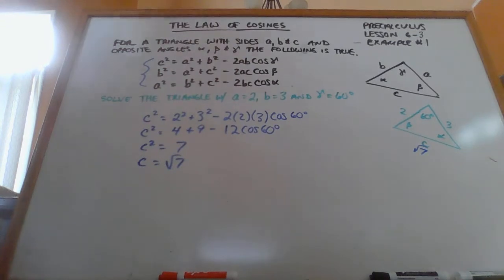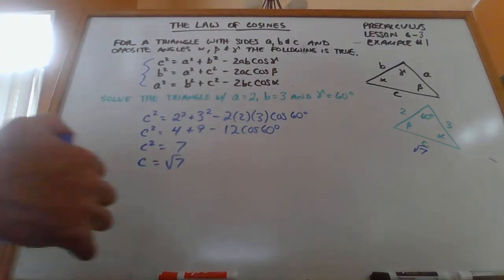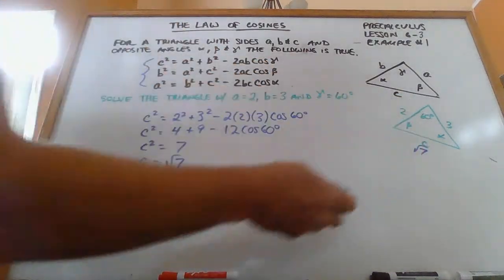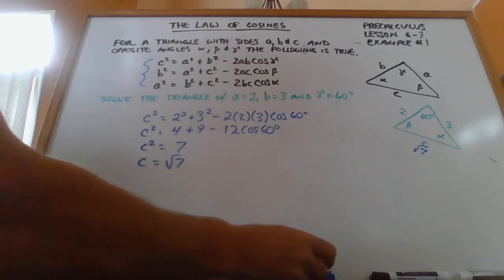Now, since we know the square root of 7, we now have a known side opposite an angle. So we could use the law of sines to figure out the rest of this.